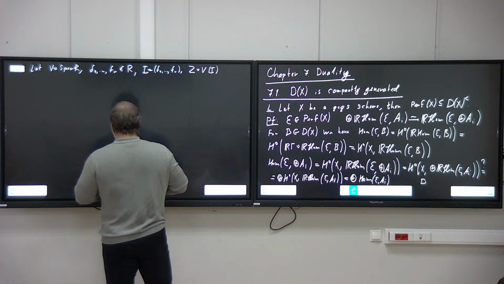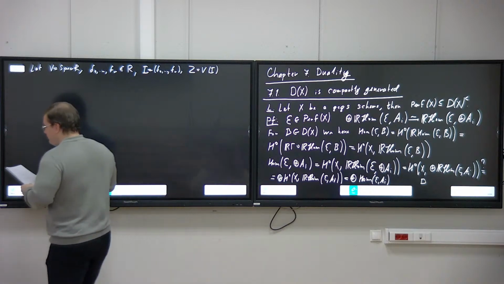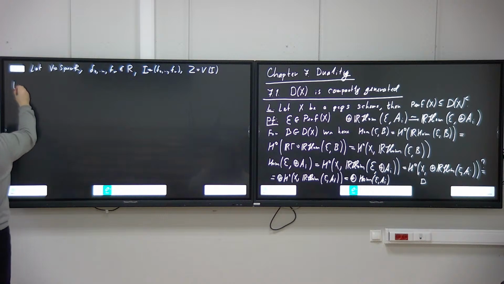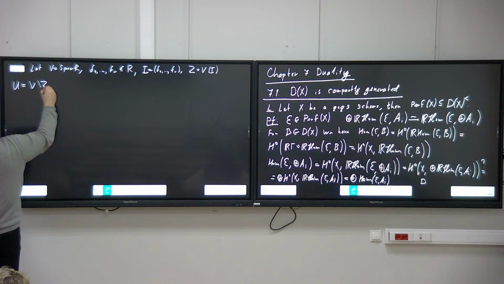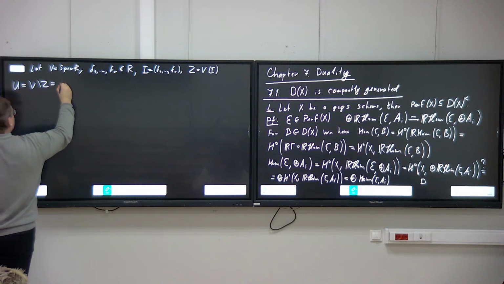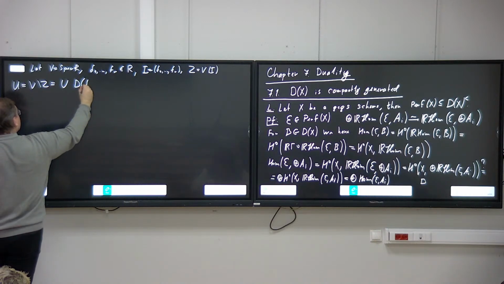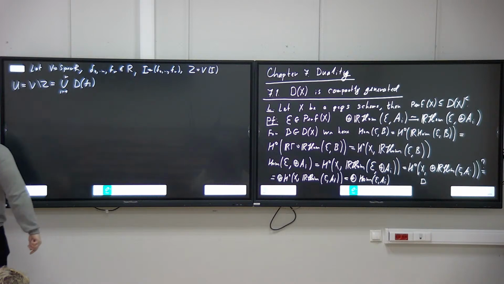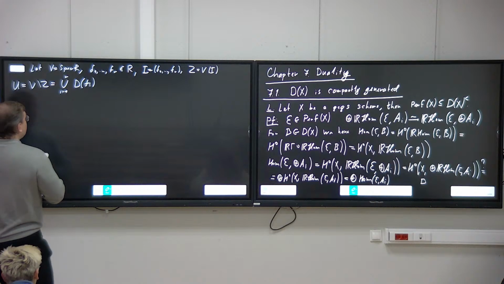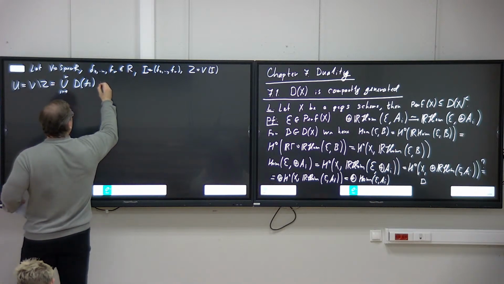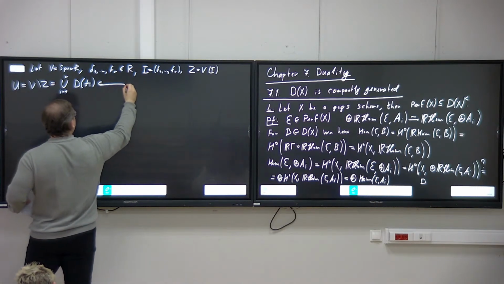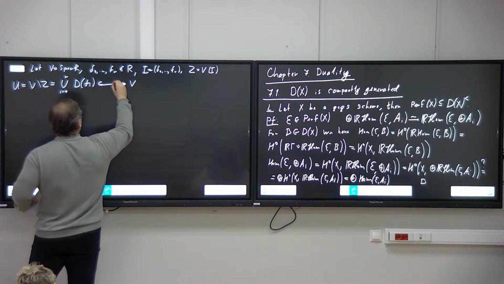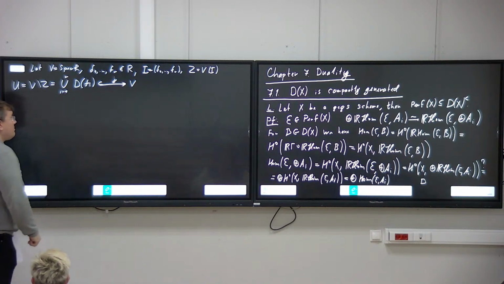And this closed subscheme has an open complement U, which is Spec R minus Z. Or in other words, this is also the union of the principal open subsets D(f_i), the union between 1 and n. And this U can be embedded into Spec R, and I'm going to call this map j, the open embedding.